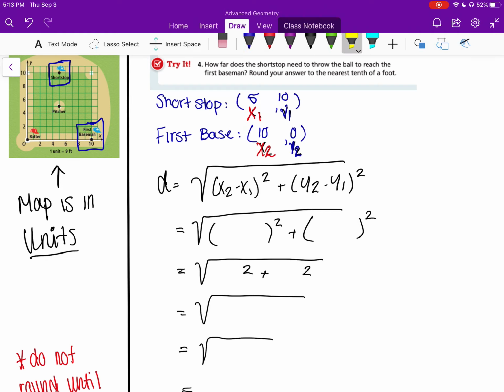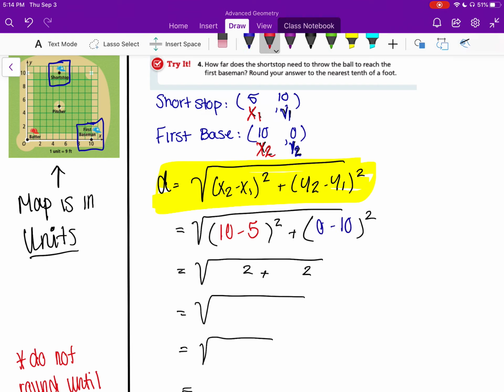I wrote the distance formula here for us because the first step of using any formula is writing it down. And now we can substitute it in. Let's do x2 minus x1, so that would be 10 minus 5 squared. And then y2 minus y1, which would be 0 minus 10 squared.